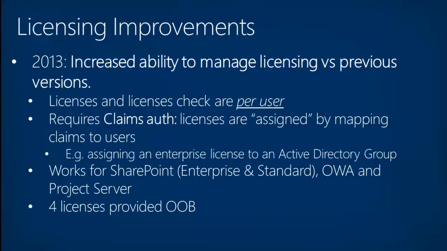That means that you can have two different users in the same farm, in the same web application, in the same site collections, with different licenses that will have different experiences based on the license that the user has. It's based on claims. It means that the token of the user carries a new claim that says what the license of that user is.